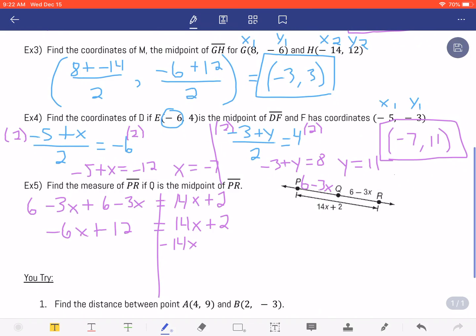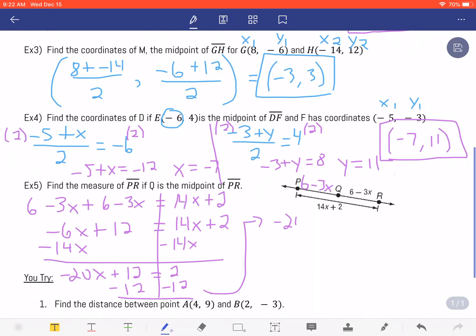Now move all my x's over to one side. So I get x equals 1/2. So I'd have to divide both sides by negative 20.